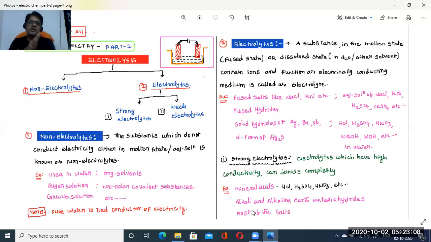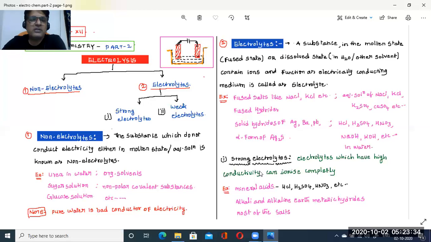So the first group elements, obviously S block elements, are metals, and their hydrides, sodium hydride, potassium hydride, and so on, can behave as strong electrolytes, as well as most of the salts can behave as strong electrolytes.